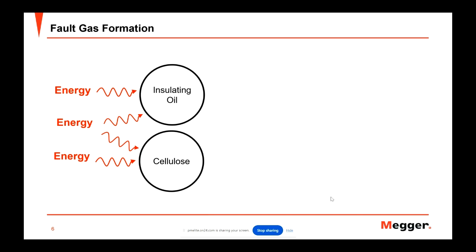But inside of your transformer, there is insulating oil, whose properties are different from just normal water, which is H2O. It is full of carbon chains, which yield results at different levels. If we sort the gases that will be generated according to the energy that we give to the solution, the first gas that we get will be hydrogen.